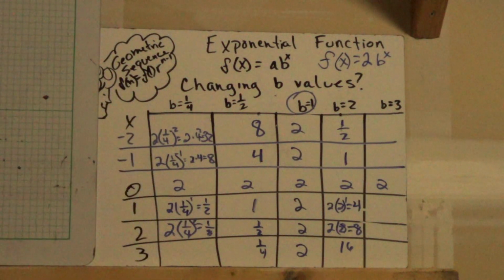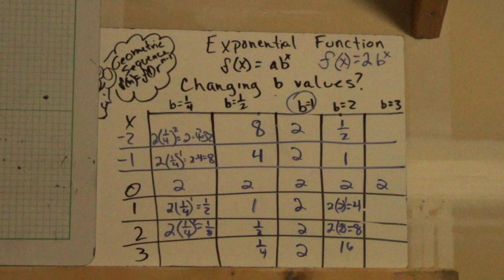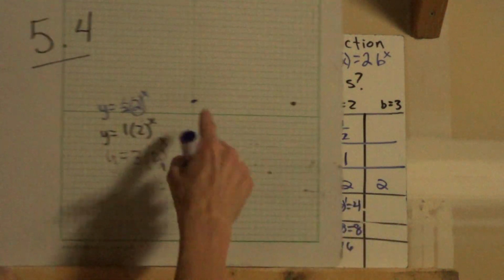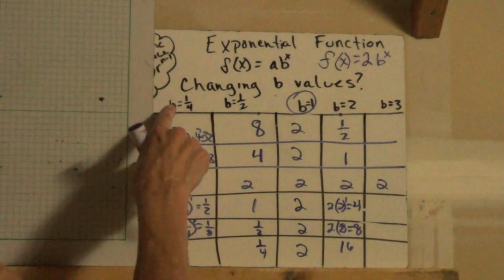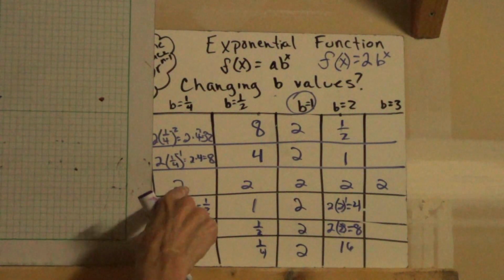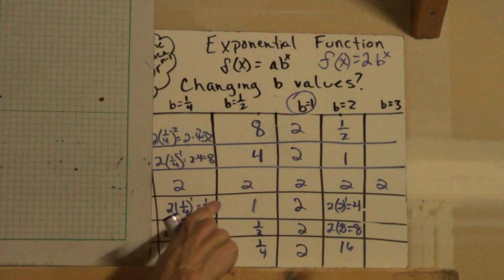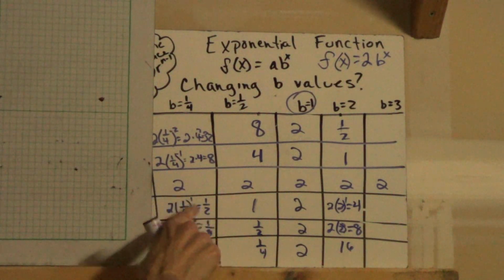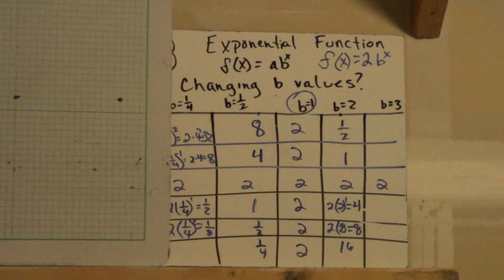So let's graph this with the change in b value. We know at 0 everything's going to cross at 2. Let's go for the b to the 1/4. On the b to the 1/4, we know that each value is divided by 4. 2 divided by 4 is a half.